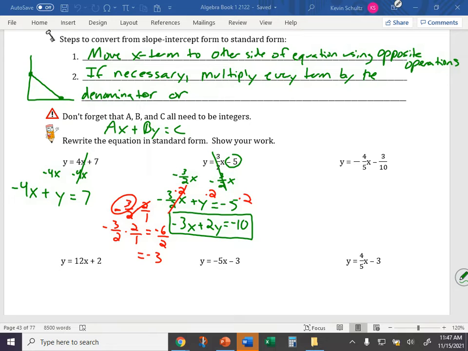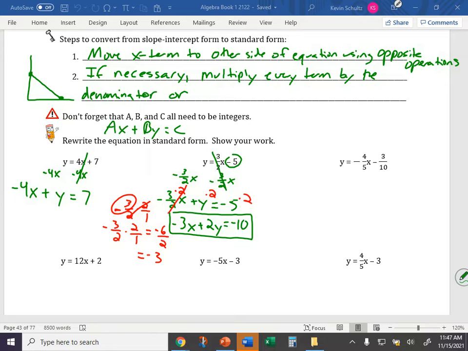What are we going to do here to move that negative 4/5 x over to the other side? What is the opposite of a negative 4/5? Yvonne? Positive.